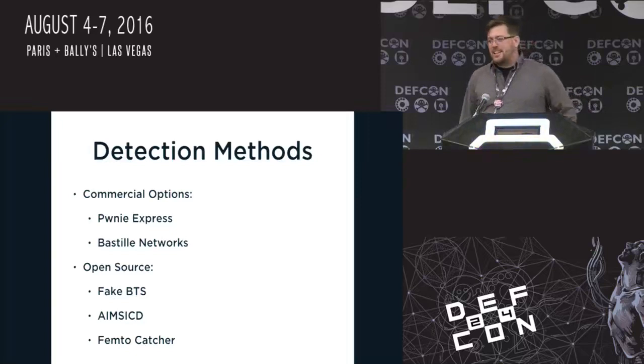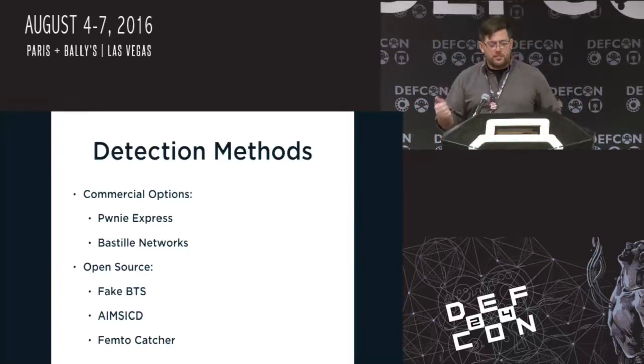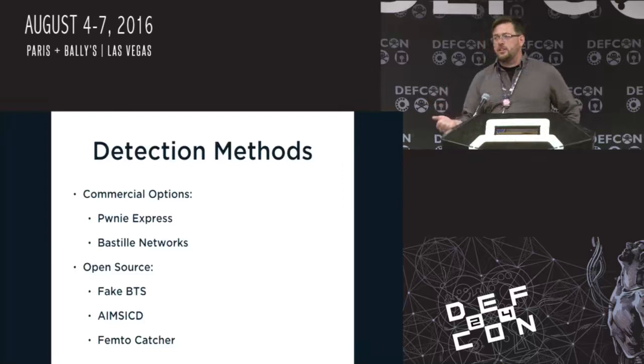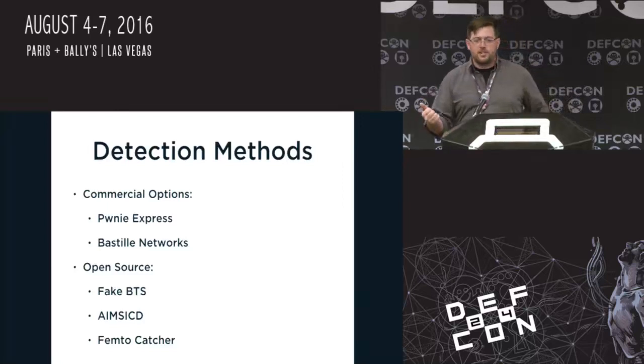The Android IMSI Catcher Detector is software that you install on your phone itself, and it interacts with your cell phone's radio to determine if there's any sort of anomalous behavior. And FemtoCatcher is very close in function to the Android IMSI Catcher Detector, but it's specifically for catching femtocells, and it's really only effective for phones on Verizon Wireless's network.